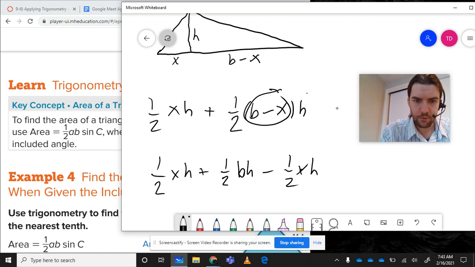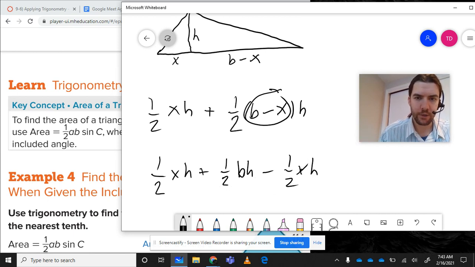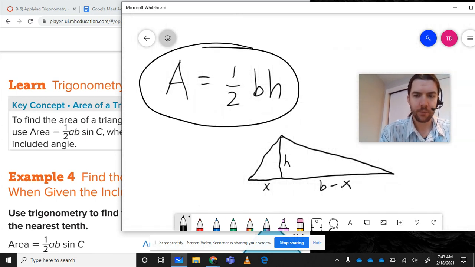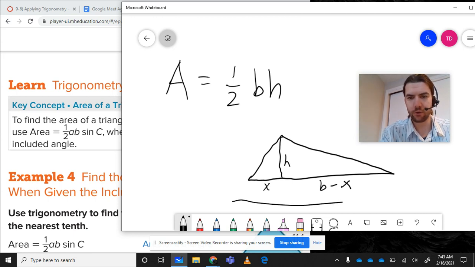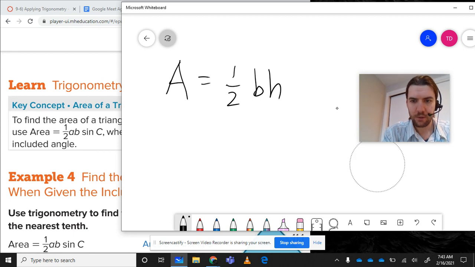So we get all this stuff, and then these two cancel out with each other. So we just get 1/2 base times height again. Okay, so what I'm illustrating there is that it's easy to see in a right triangle why area is 1/2 base times height. It takes a few steps to show why it's true in any given triangle, but we can show that. So that is our area of a triangle.